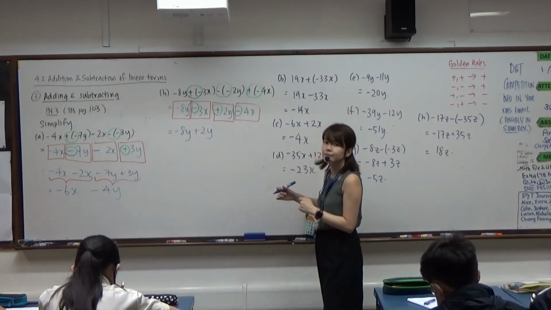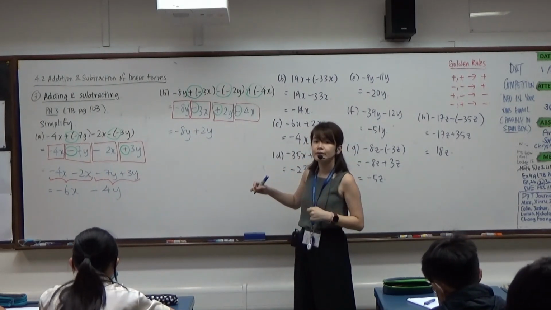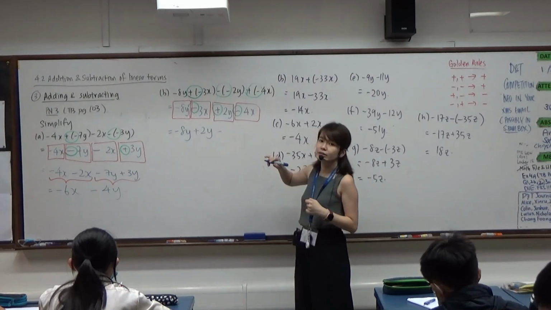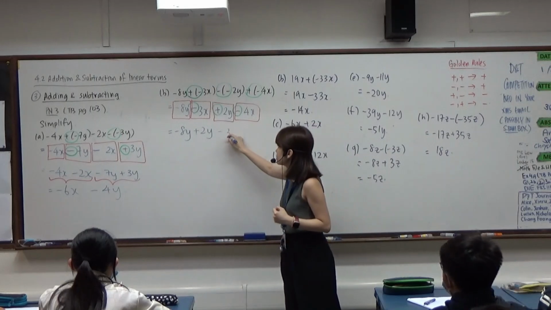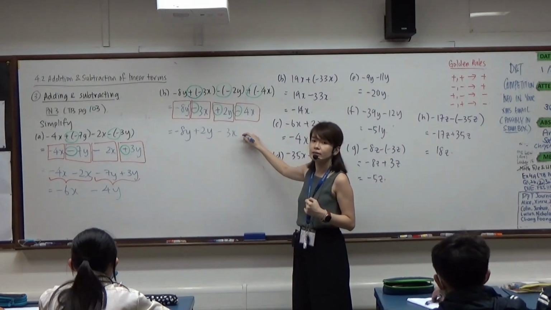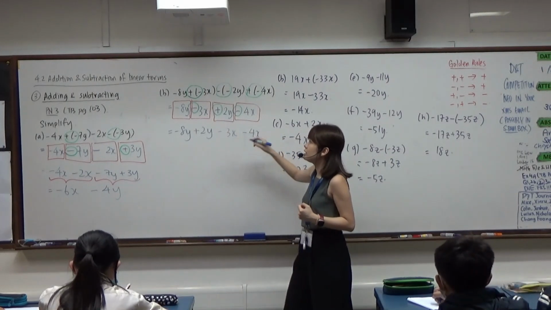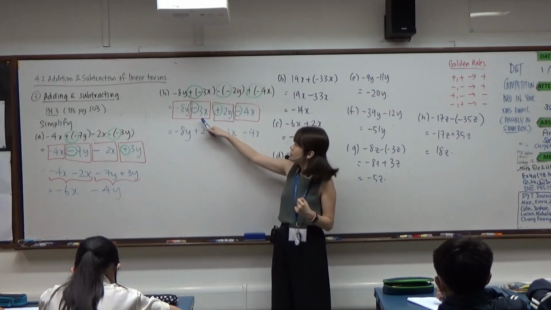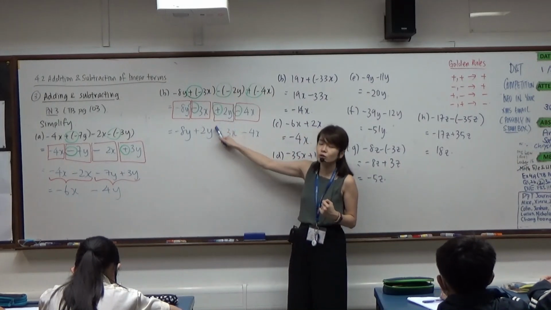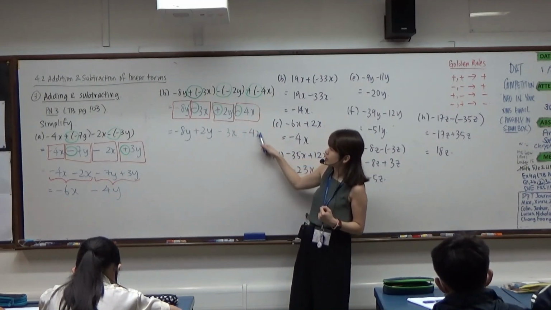So what should I have? Minus 3x and then minus 4x. Good. Okay, so minus 8y as a group here, plus 2y as a group here, minus 3x as a group, and then minus 4x as a group.